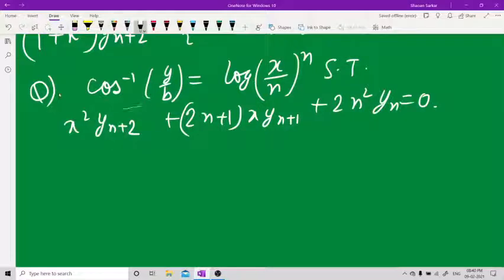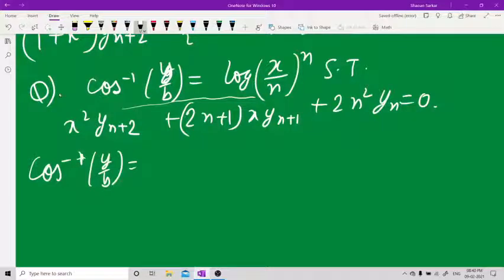Now, when this is given to you, do one thing. You cannot solve it like this, so bring it in terms of y. This is your y. So cos inverse (y/b) = n log (x/n).